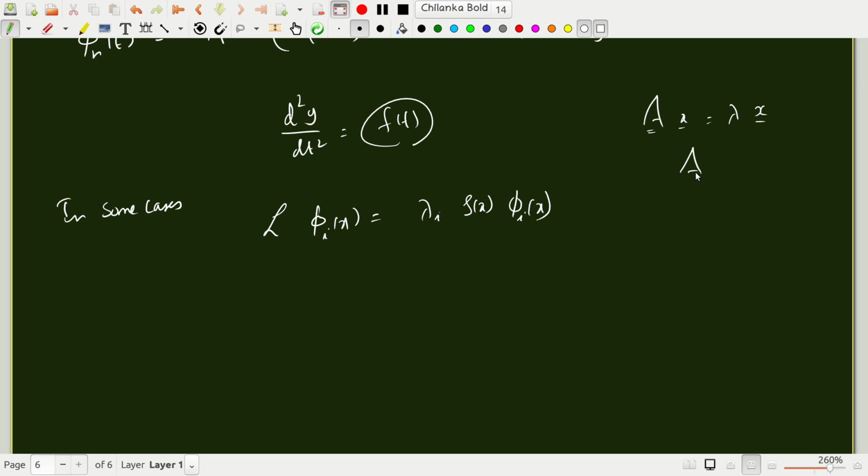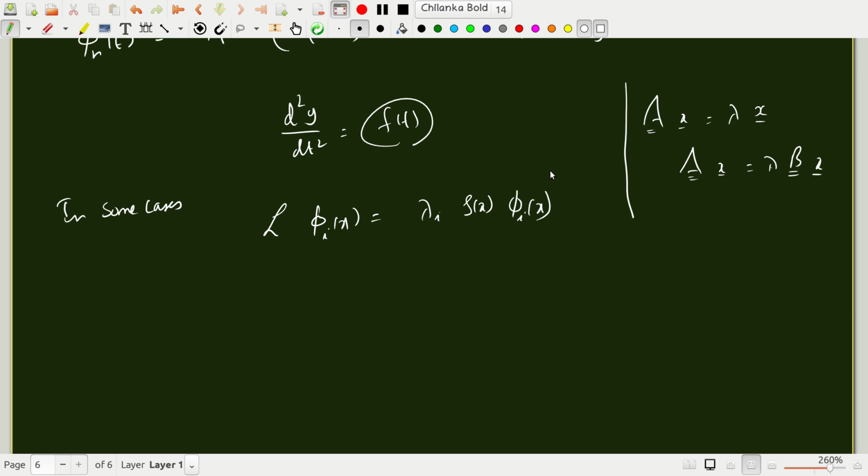You can have Ax is lambda Bx. You might also have something like this in the case of linear system of equations, the matrix eigenvalue problem. The analogous situation is here. This is also possible, and these are also eigenvalue problems.